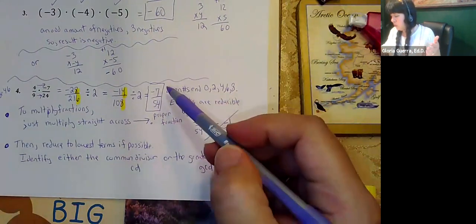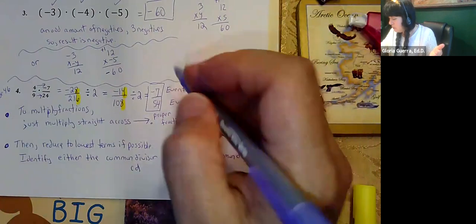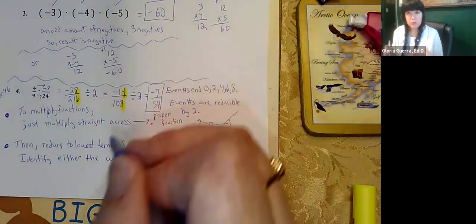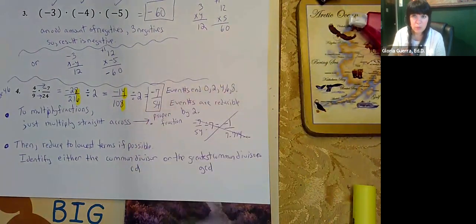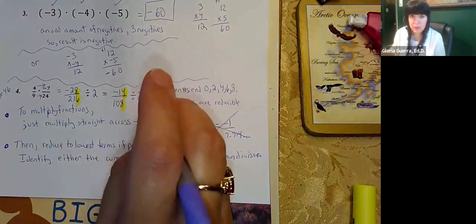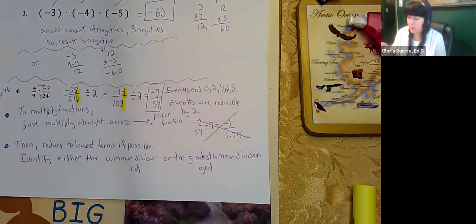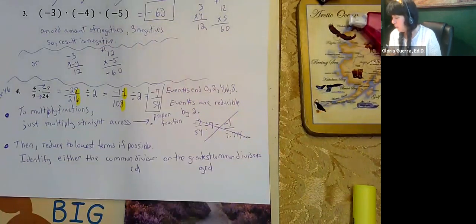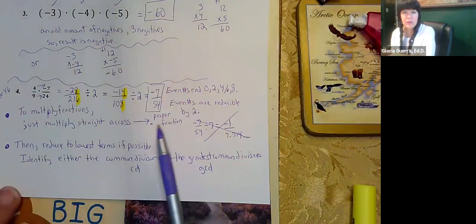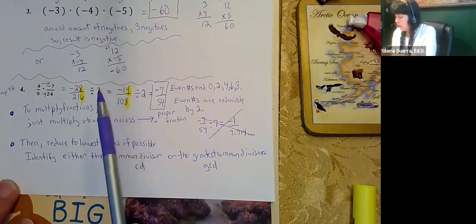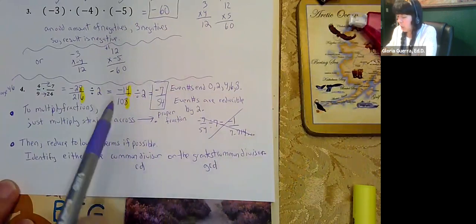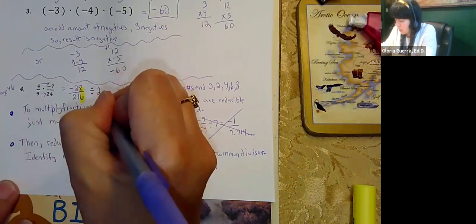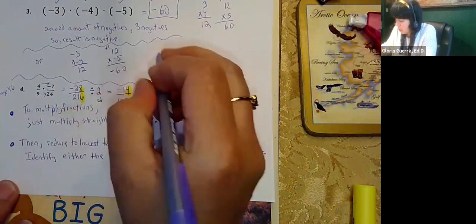If I just look at the 7, I know it's a negative 7, but the 7 is smaller than the 54, so that's proper. If I had gotten something bigger on top, like 56 or 58, that's called improper, okay? Now that we've done that, this was a common divisor.